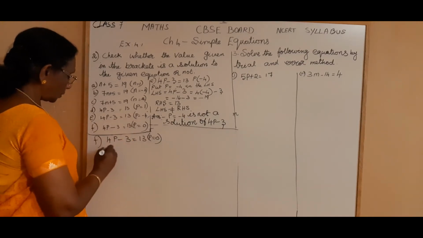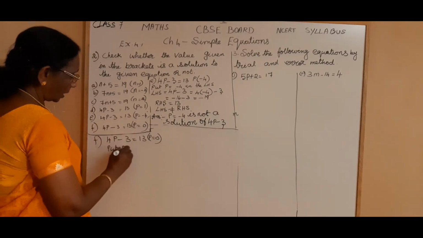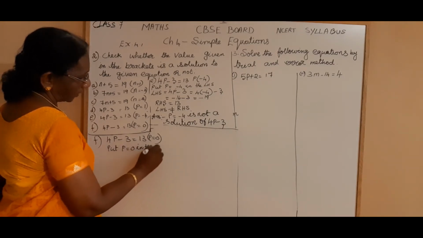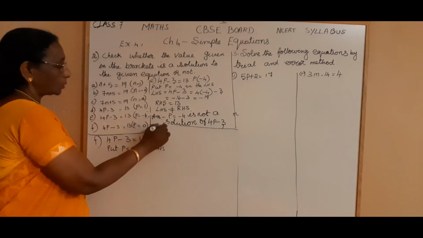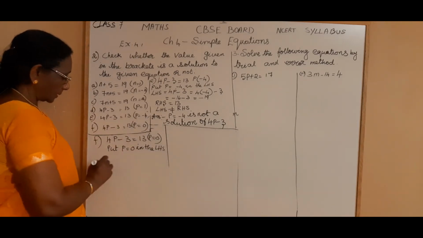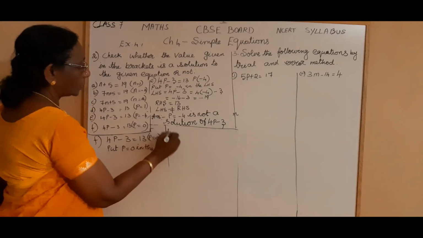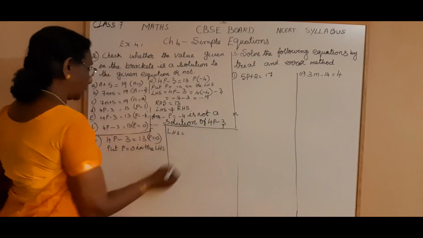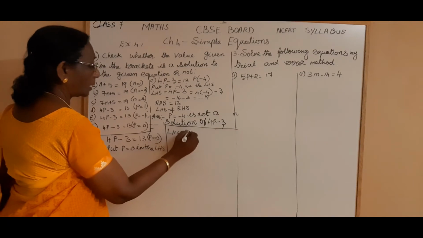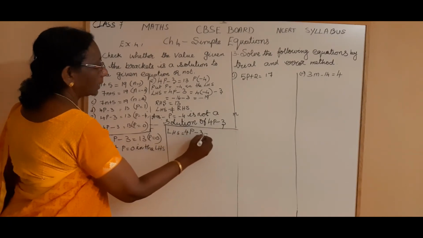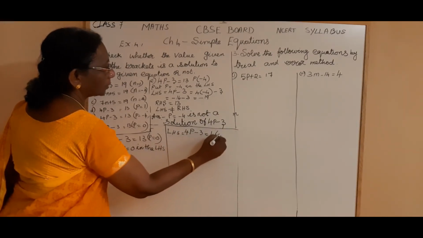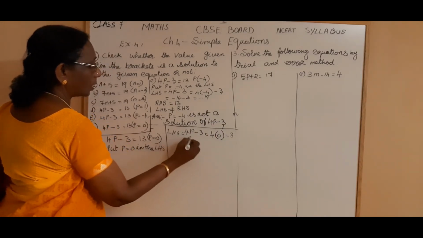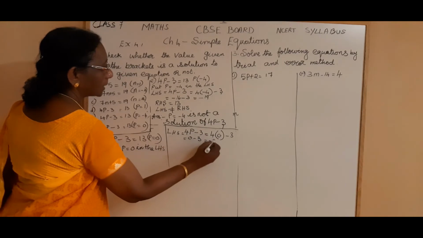So now put p is equal to 0 in the LHS. So what will happen to the LHS? LHS is equal to 4p minus 3, that is equal to, instead of p you have to put 0, minus 3. 4 into 0, 0 minus 3 is minus 3.